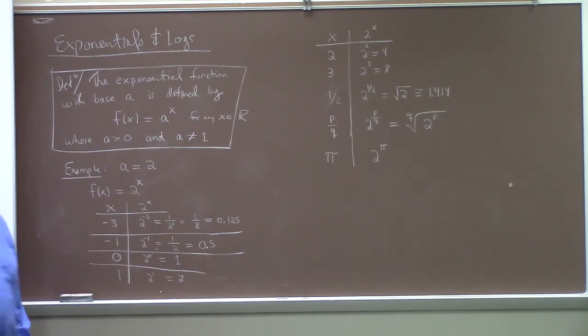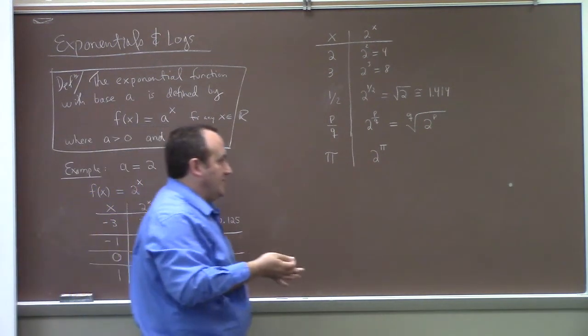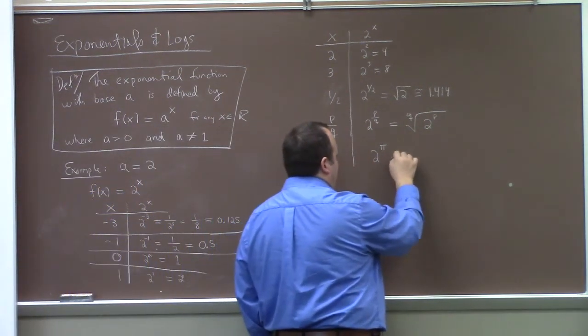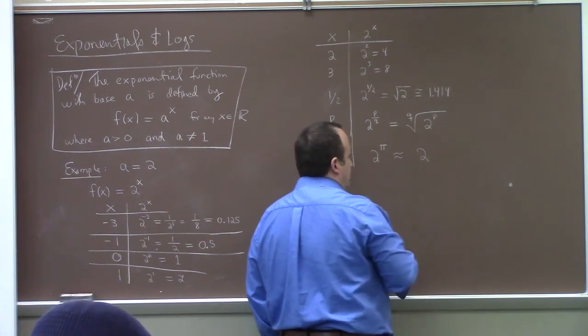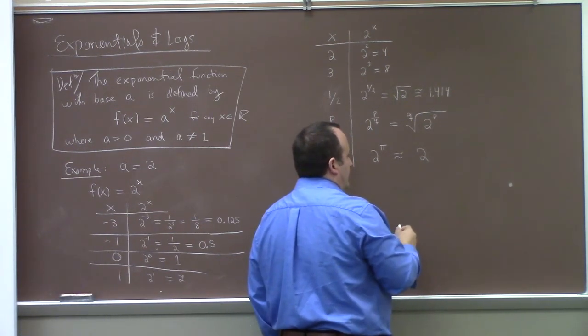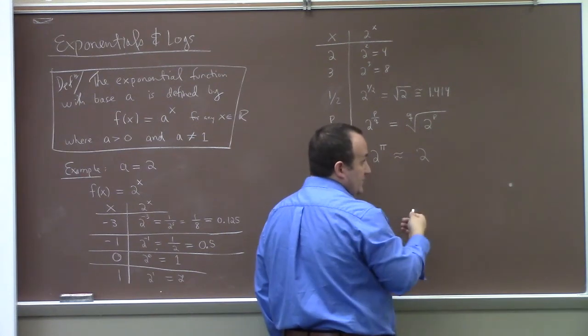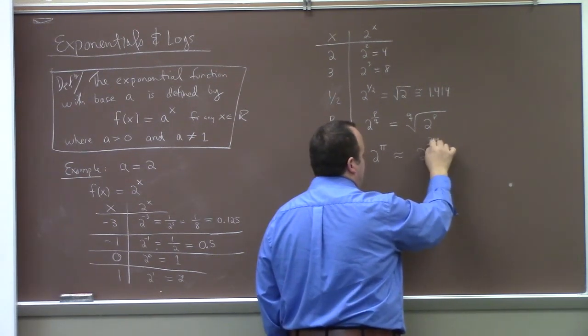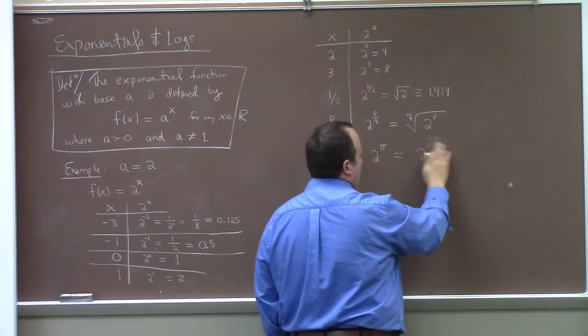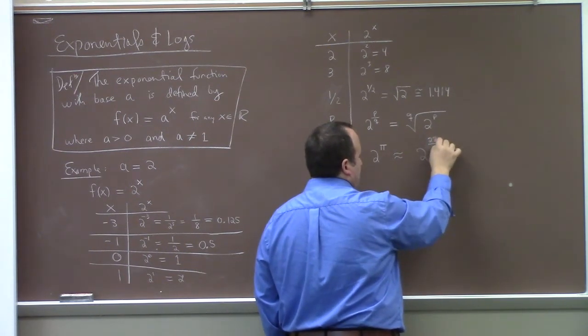I don't know if you've ever thought about this before, but if you want to think about it approximately, you could ask, what's an approximation for pi as a rational number? 3.14? So 314 divided by 100. Or oftentimes people like to use 22/7.